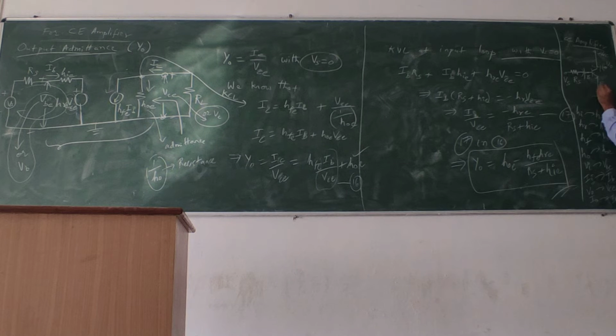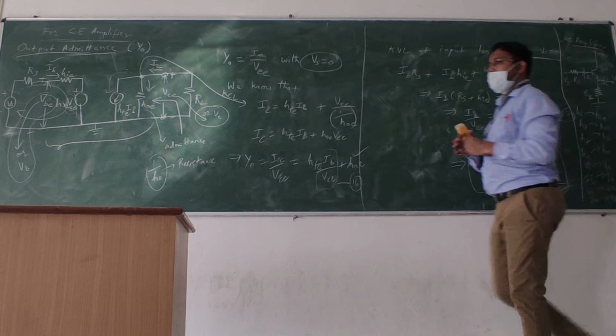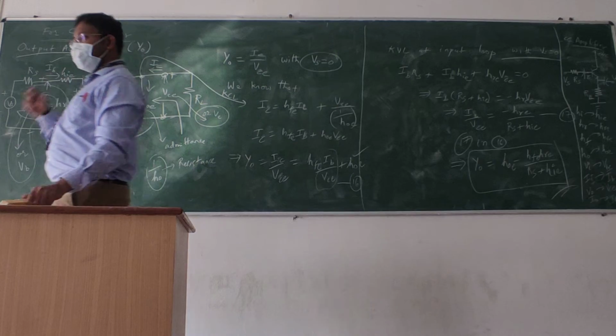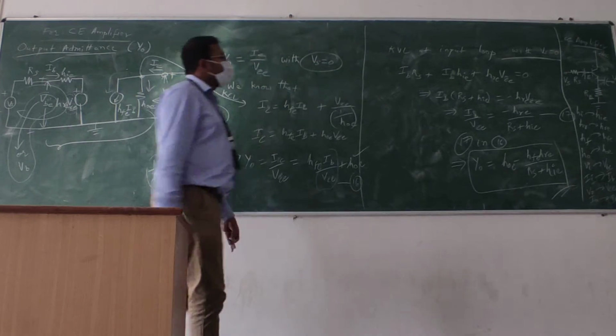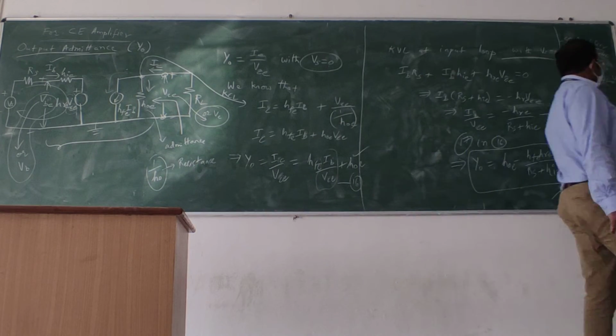The capacitor will also be there. So this becomes V0. Additionally, we will have a resistor, RL. Right? So this is the circuit for the CC amplifier.